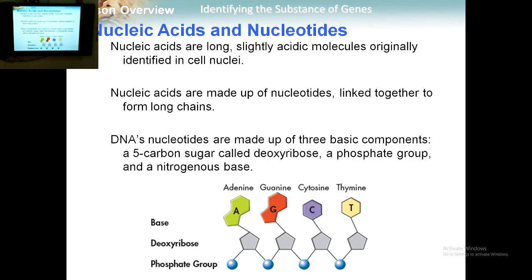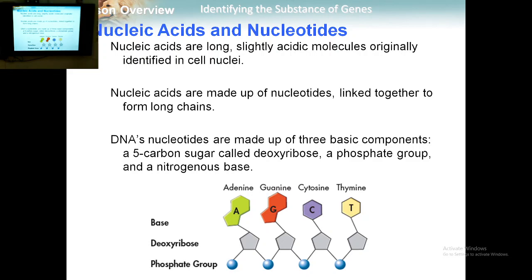The DNA is found inside the nucleus. Nucleic acids are made up of nucleotides. The nucleotide is the monomer for the nucleic acids, linked together to form long chains.